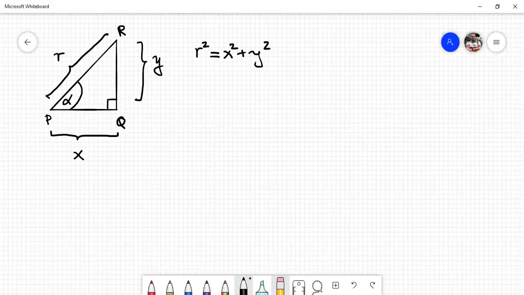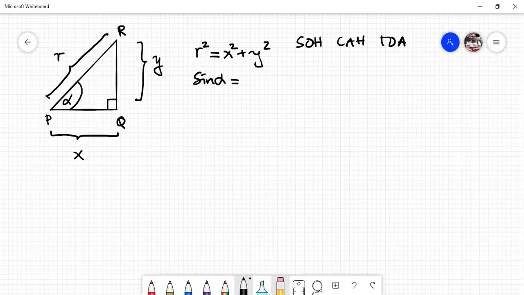Okay, now let's see the three basic trigonometric ratios. They are sine alpha, which is, remember, SOH CAH TOA, right? Sine is opposite over hypotenuse, cosine is adjacent over hypotenuse, and tangent is opposite over adjacent.